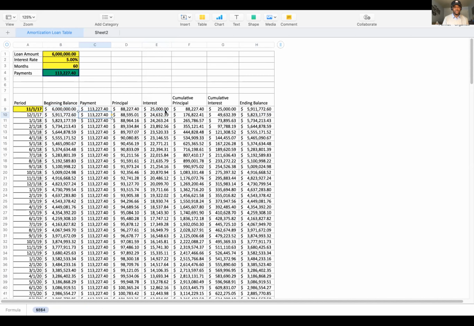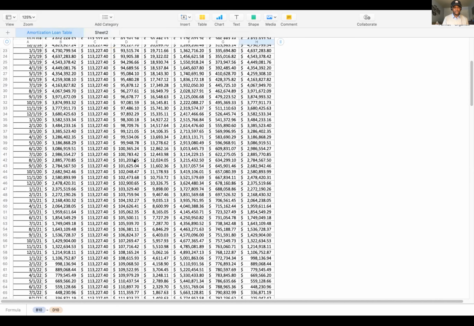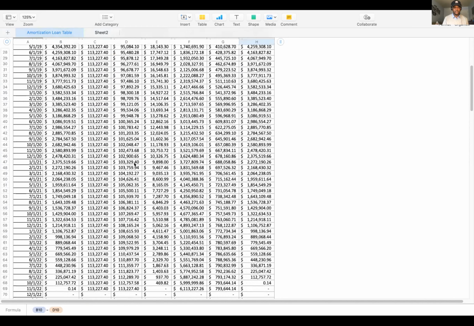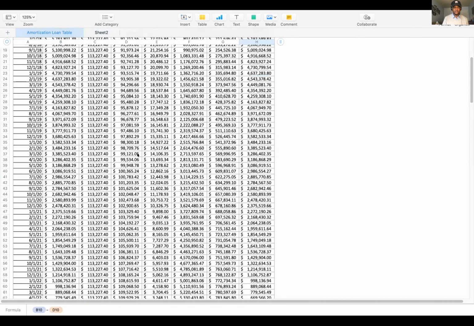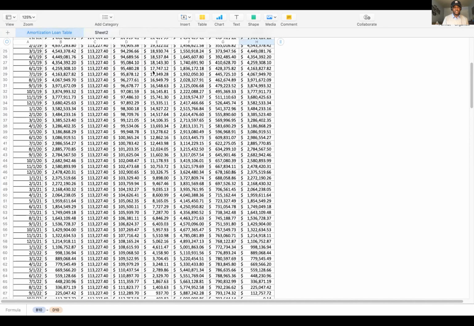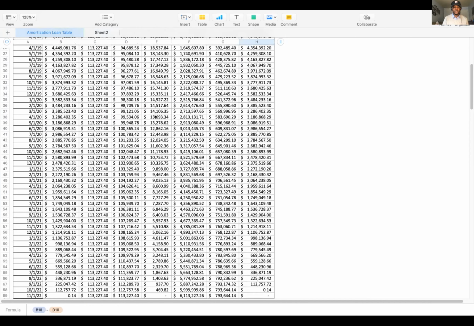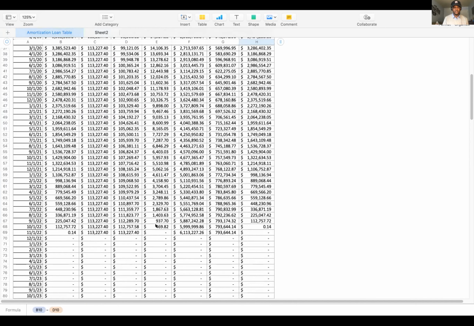So your payment's going to go first to interest, then the rest goes to principal. And you can see that keeps happening all the way down. It never really flips on this one. But you can see that they're always going to make you pay the interest first, and then the difference goes down to your principal balance.